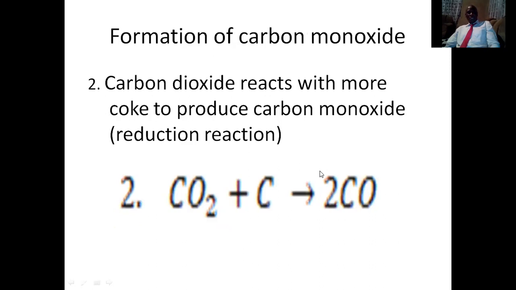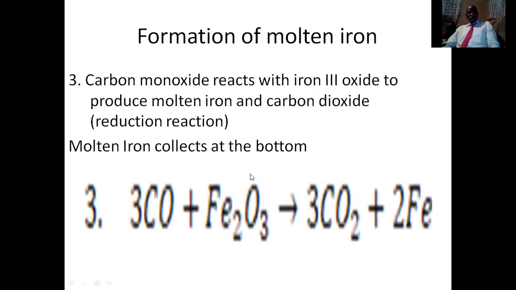The carbon monoxide which is produced is also used to reduce the iron(III) oxide, where oxygen is removed from the iron(III) oxide. So the carbon monoxide will react with the iron(III) oxide to form carbon dioxide and iron.